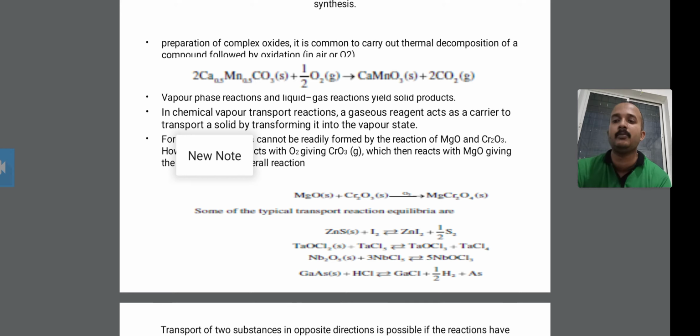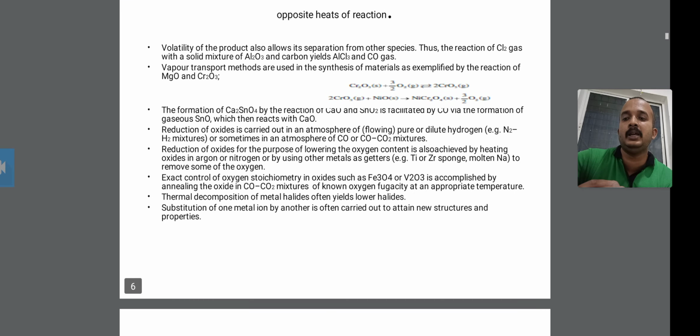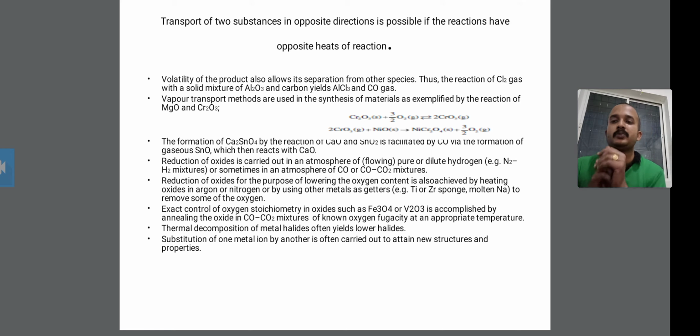Some of the typical transport reaction equilibria are: zinc sulfate solid plus I2 forming ZnI2 and half of S2. Then TaOCl2 solid, tantalum trichloride solid plus tantalum pentachloride in presence of TaOCl3 plus TaCl4.